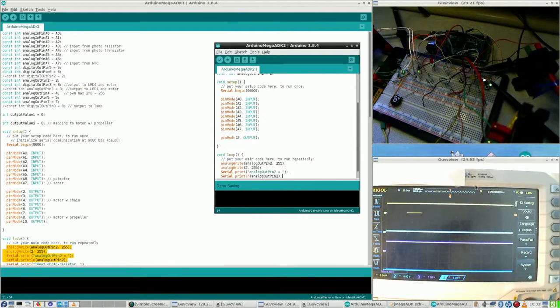So maximum input, maximum output on analog pin 2. And by the way, this is not good, this should go. This is all. And this one should give 255.